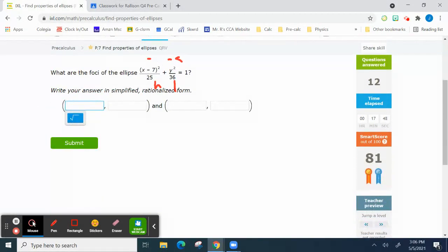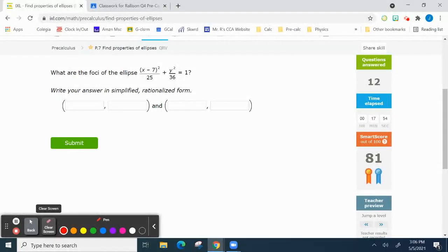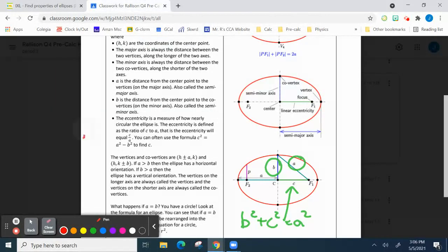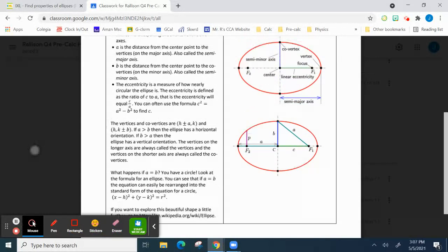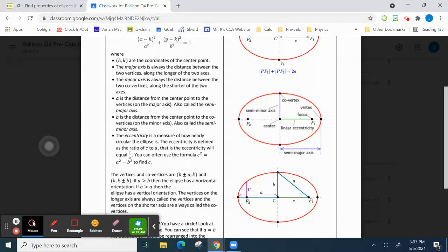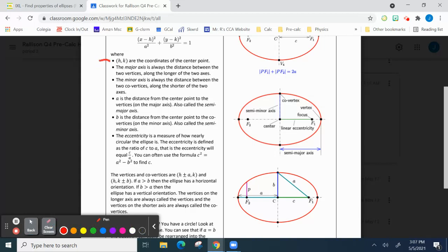Okay, so I'm going to end this video here. You remember that if you're doing this and you get stuck, just go back to this thing. Everything you need is in here. All the different definitions are in here.